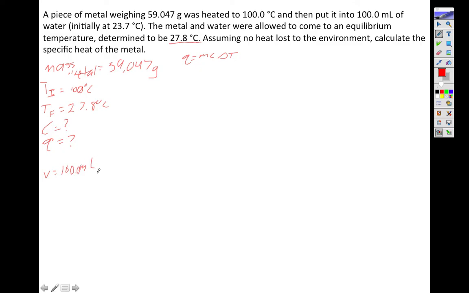That's really important because I know the density of water equals 1 gram per milliliter. So I can take this times 1 gram per milliliter, and I know that I have 100.0 grams of H2O.